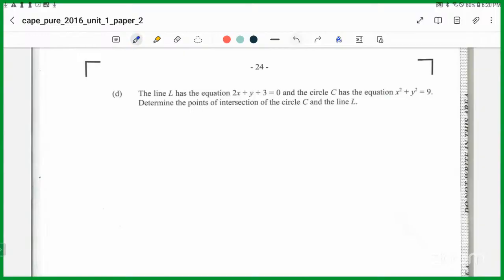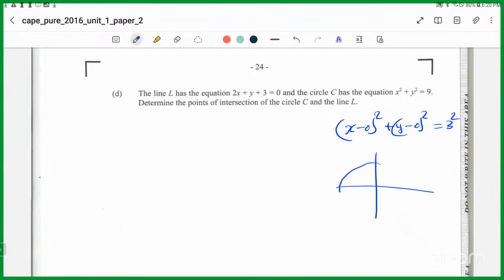If we write it as x minus 0 squared plus y minus 0 squared equals 9, and this 9 is 3 squared, this is clearly a circle of radius 3 around the origin. Sometimes when you're clear about what you're working with, the question is easier to do.